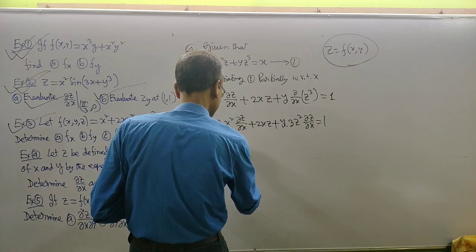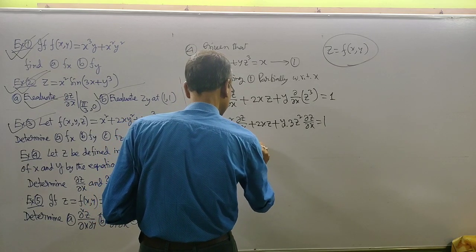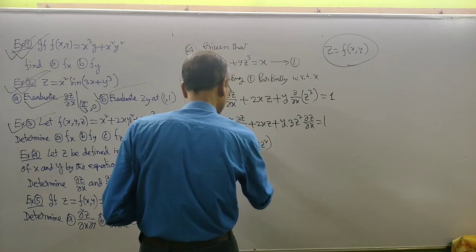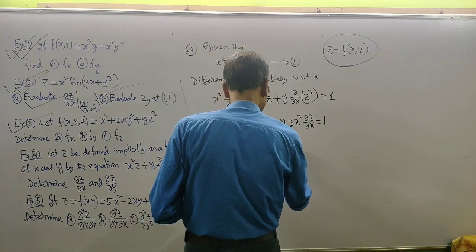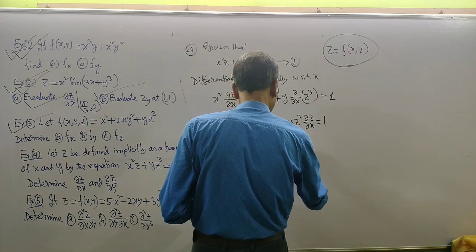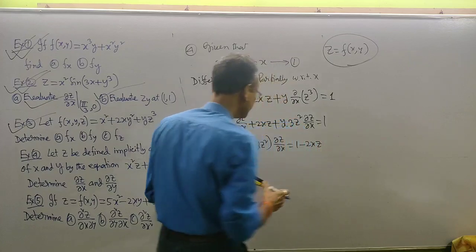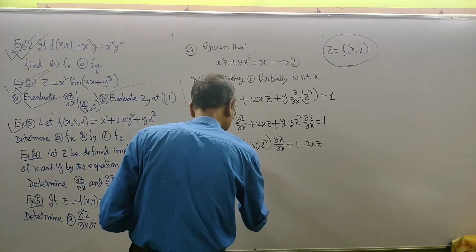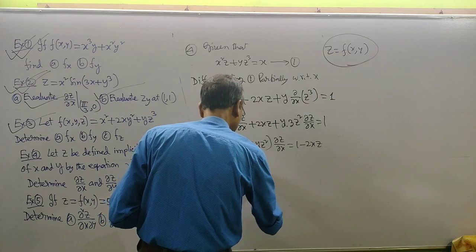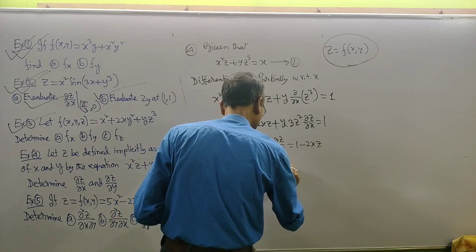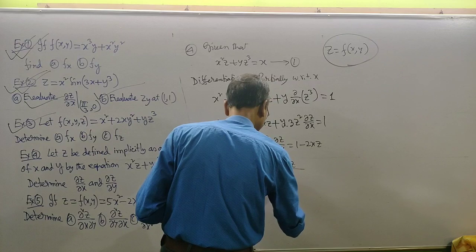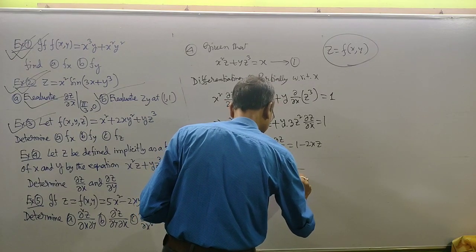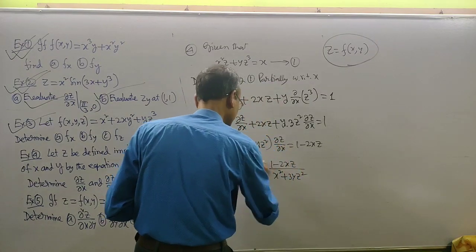This means x square plus thrice y z square times del z by del x equal to 1 minus twice xz. Or del z by del x should be equal to 1 minus twice xz divided by x square plus thrice y z square.